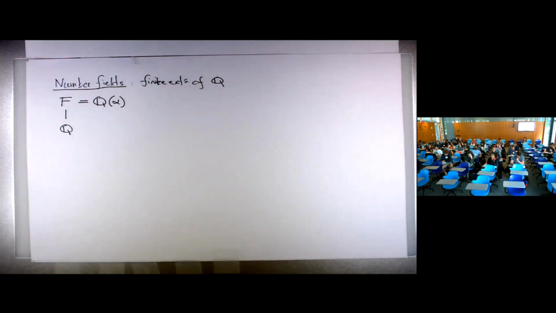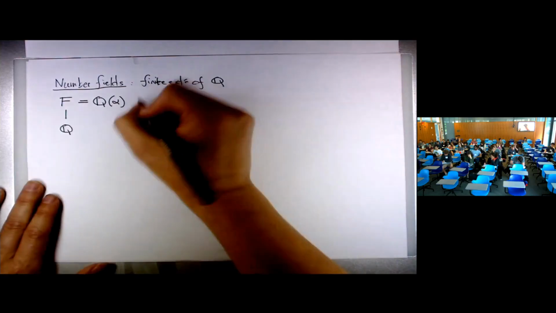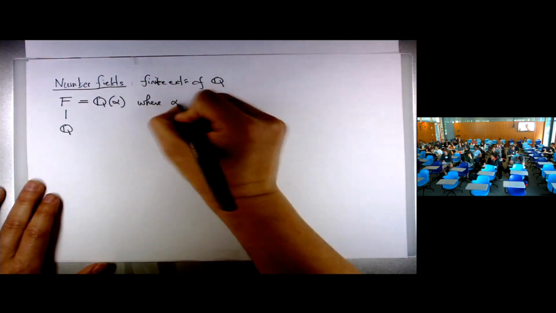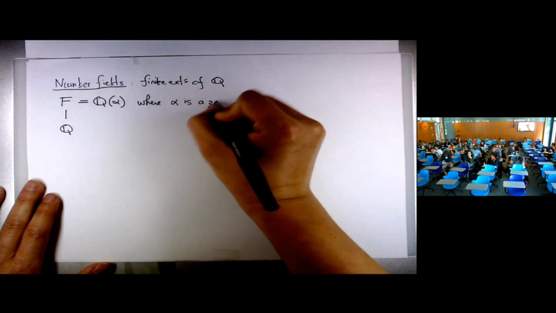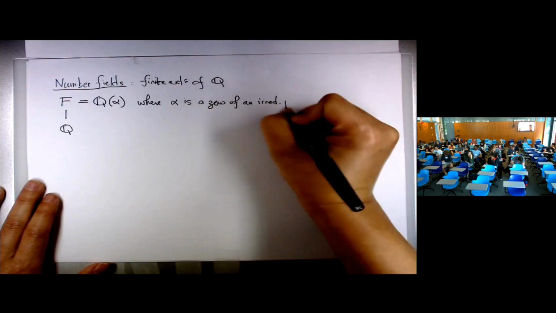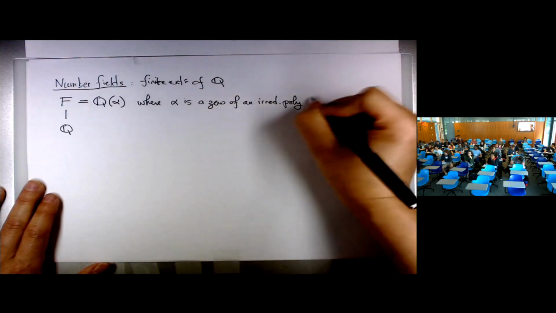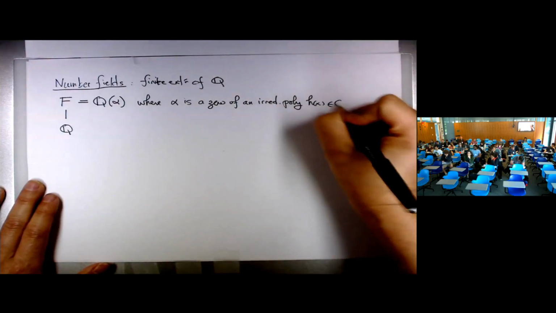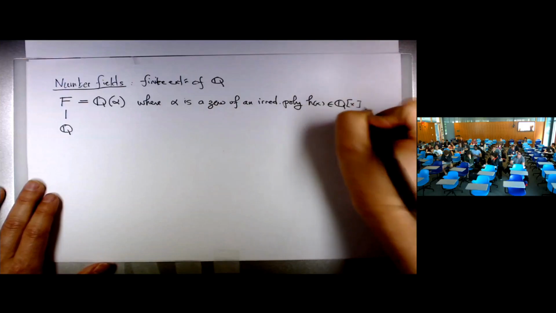There's a primitive element theorem: if you have a finite extension of a field of characteristic 0, it's always generated by one element. So F is Q adjoin alpha, where alpha is a zero of an irreducible polynomial, let me call it h(x), in Q[x].